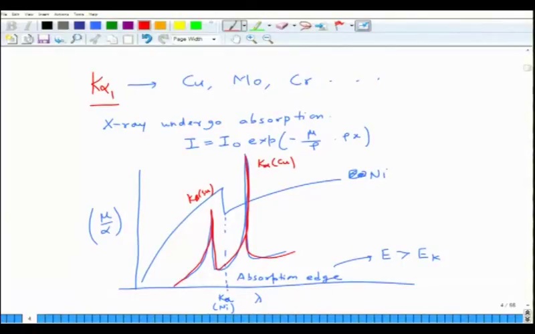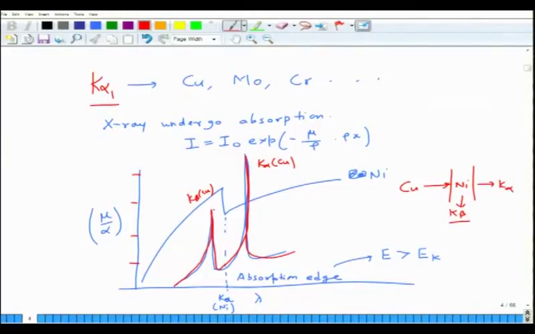So, if you want to use copper radiation and you want to use the K alpha component, then you let copper radiation pass through a nickel filter. What the nickel filter will do, and this is by the way a logarithmic axis, so these scales are logarithmic in nature, which means the decrease or change is substantial. So, when copper radiation passes through a nickel filter, nickel absorbs the K beta component and it allows K alpha to pass through, because K alpha gets absorbed less than K beta.